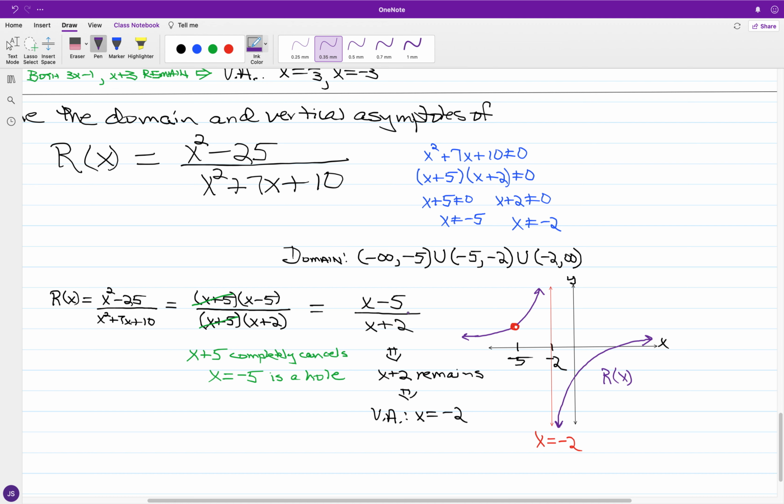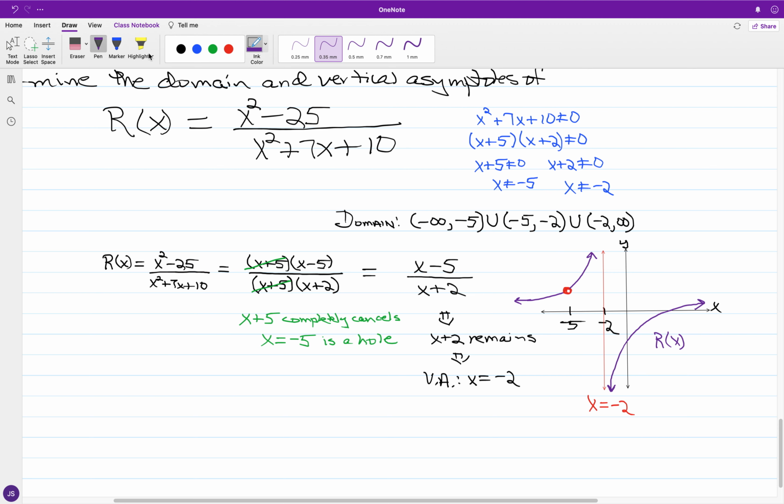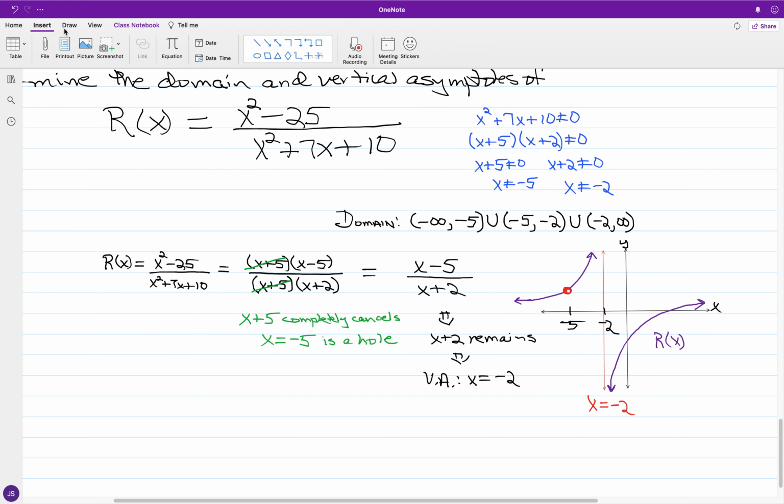All right, so along with domain and vertical asymptotes, there is going to be another group of asymptotes apart from those that run vertically, and that is the case of horizontal and slant asymptotes.